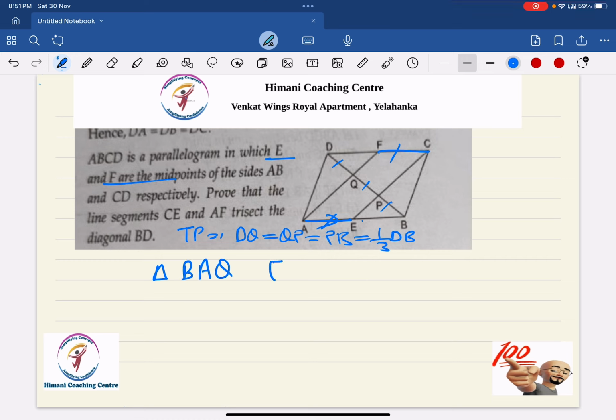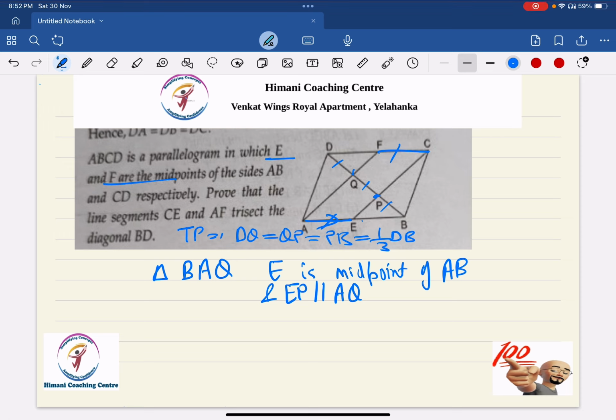In this triangle, E is the midpoint of AB, given to us, and EP is parallel to AQ. Why? Because AECF is a parallelogram, so opposite sides are parallel. P lies on EC, Q lies on AF, so EP and AQ are parallel.